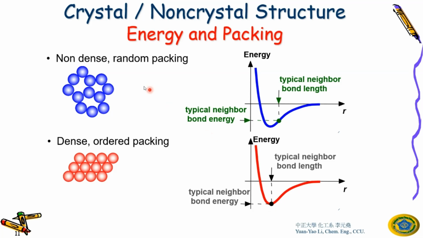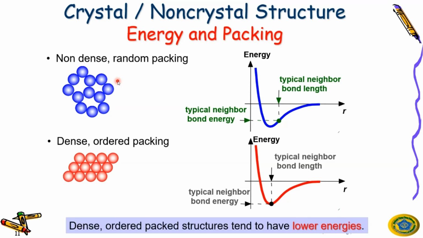No problem, right? Because the other is not stable, it is easy to have a chemical reaction with other materials. So the dense, ordered packed structures tend to have lower energies. This is for sure because it's stable. It's difficult to take an atom away because the bonding energy is high, I should say, and this reaches the lowest energy level.